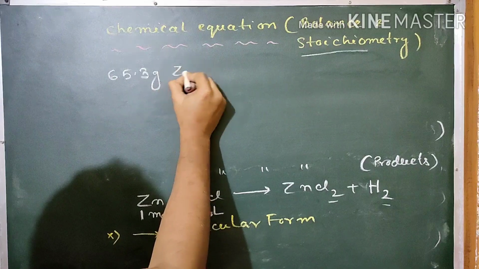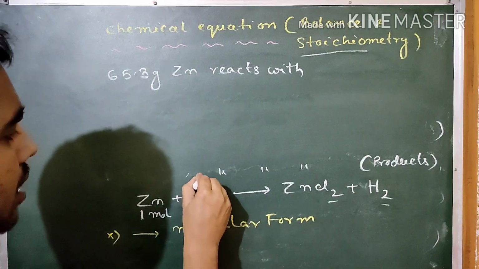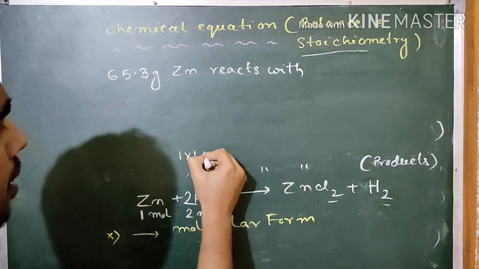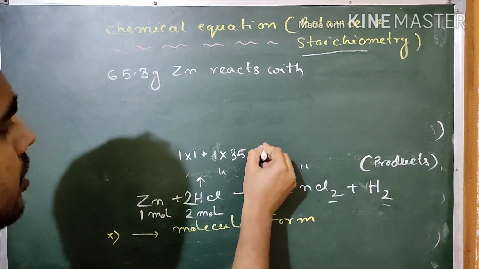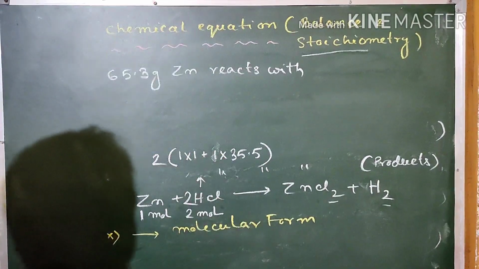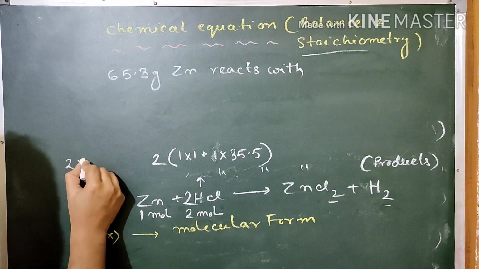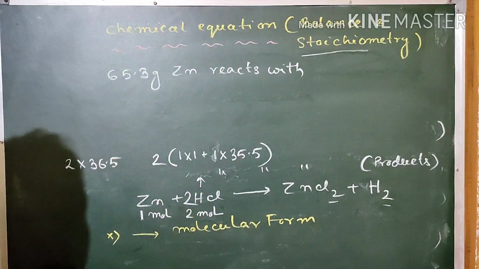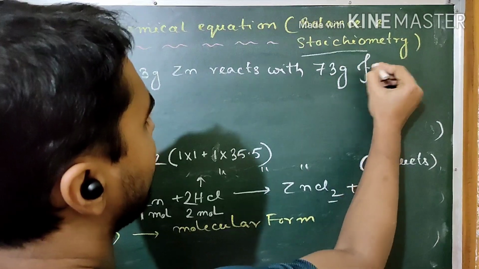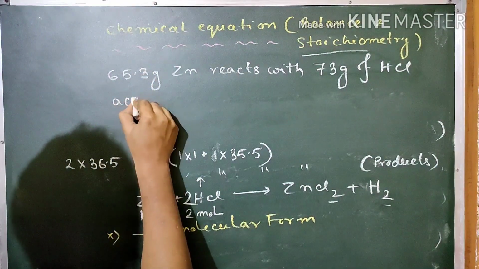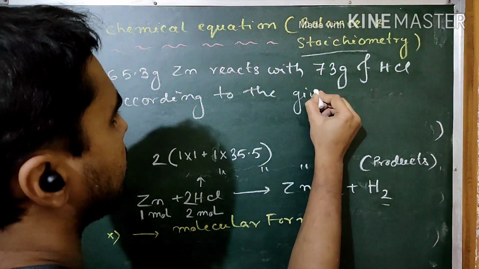So 65.3 gram zinc reacts with, carefully see HCl, I am recalculating, 1 into 1 plus 1 into 35.5 and it should be multiplied by 2. So it is, as you can see, 36.5. So we should be able to think that it is 36.5 into 2. So it is basically 73. So it reacts with 73 gram of HCl according to the given equation.